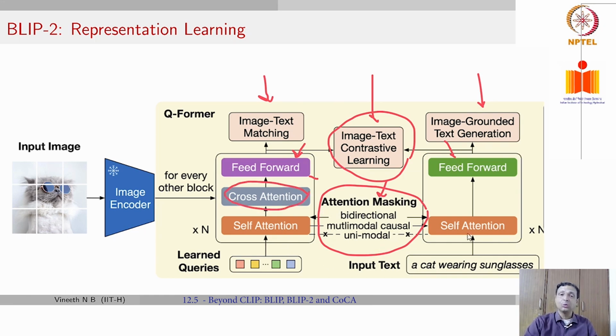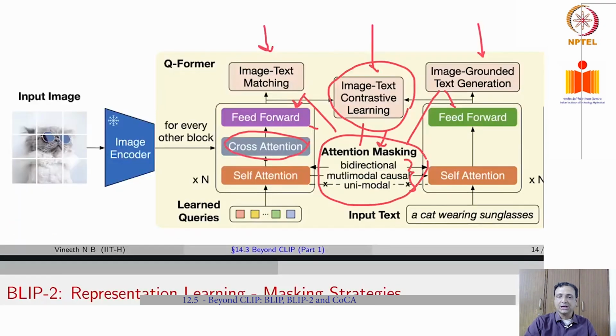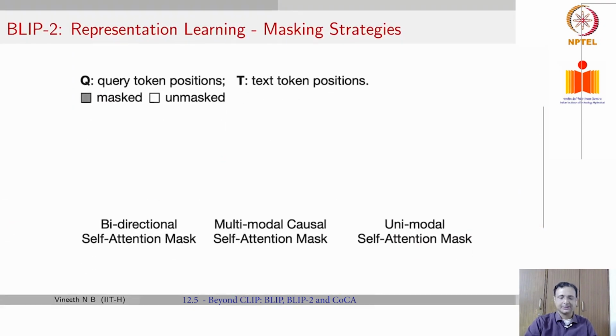The self attention weights, however, looking at the color, are shared between the two transformers, but they are shared in a slightly unique way. They have three different ways of using this attention, each differently for these three tasks: for image text matching, for image text contrastive learning and image grounded text generation. So let's see those attention masking details next.